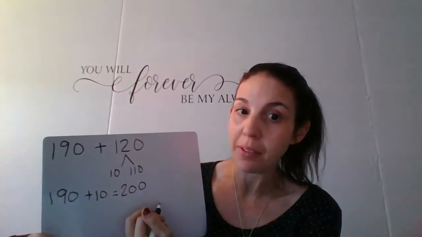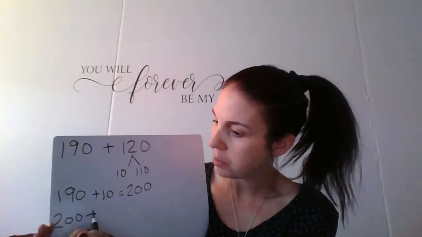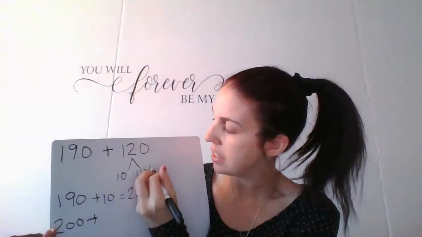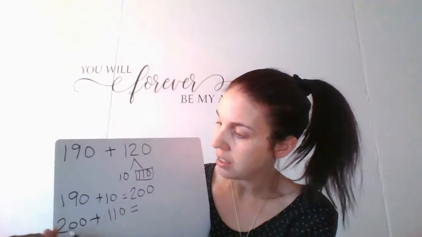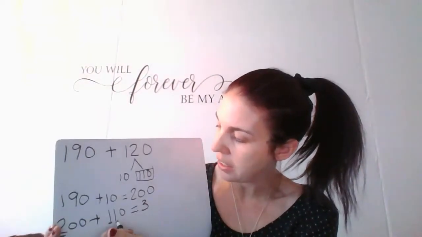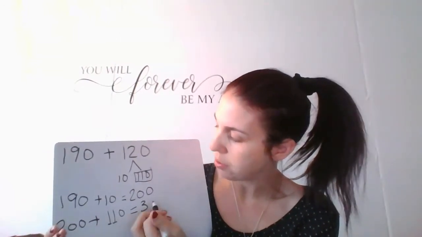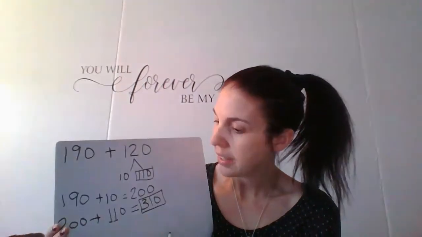Now I can add my 200 plus 110, because we didn't do that number yet, 110. So 200 and 100 is going to give me 300. And then we have 10 and 0, so 310 is my answer.